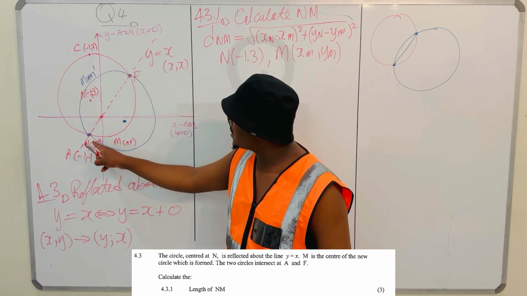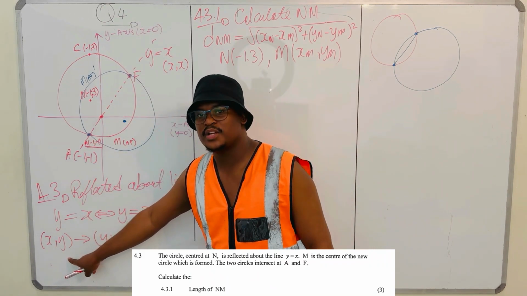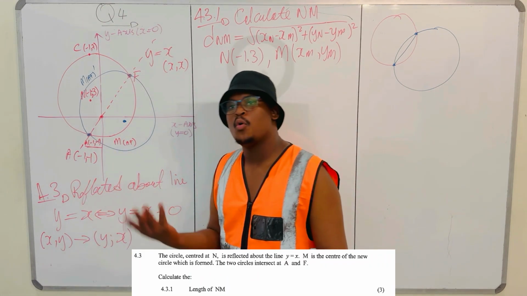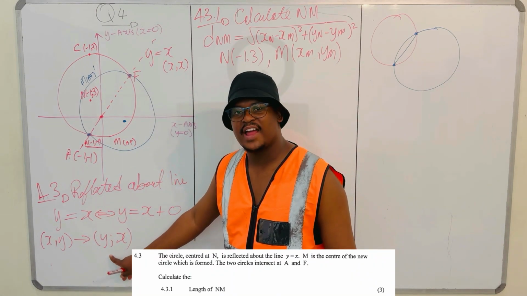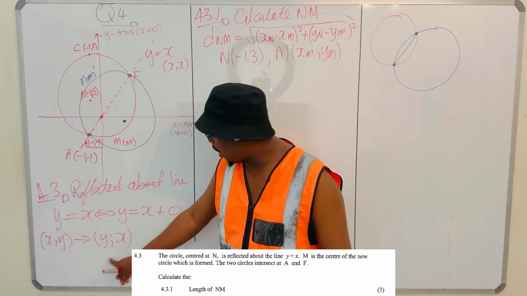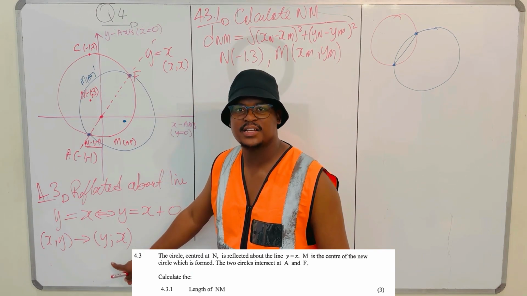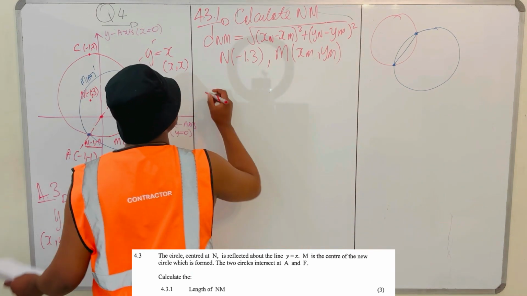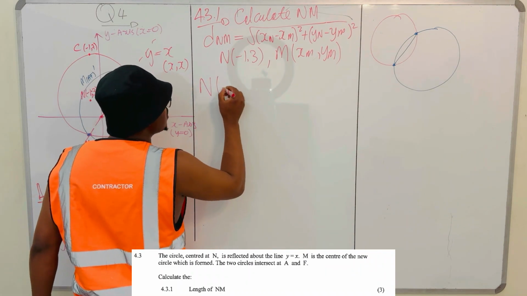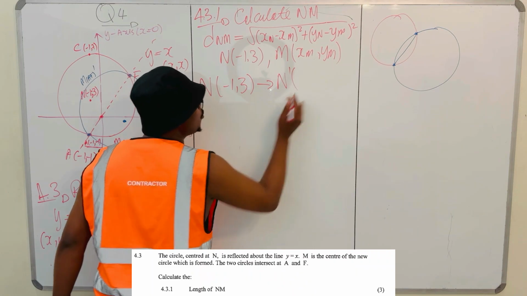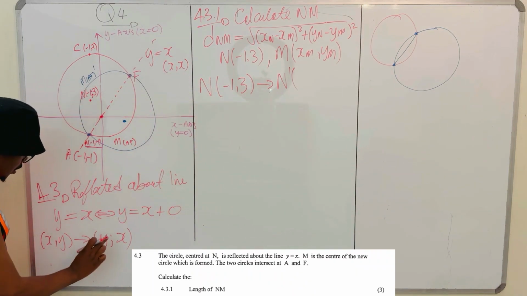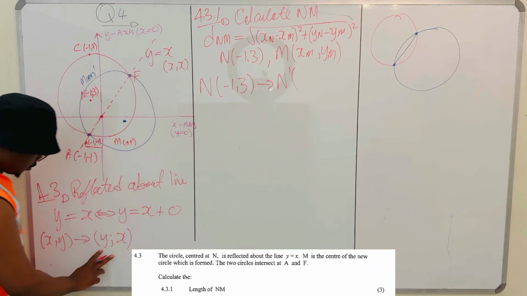If we reflect about the line y is equal to x, we apply this transformation: your x and y become y and x. So if this was your N, this will be your image of N. This is what N will look like after being reflected. Your N was minus 1 and 3, so the image of N, which is M, you will swap these around like you did here.